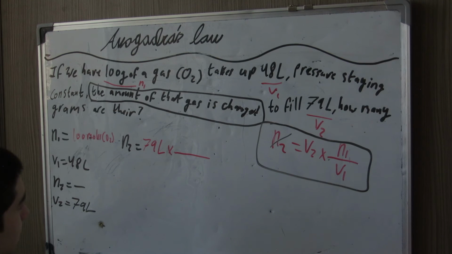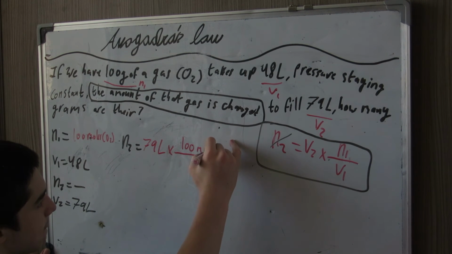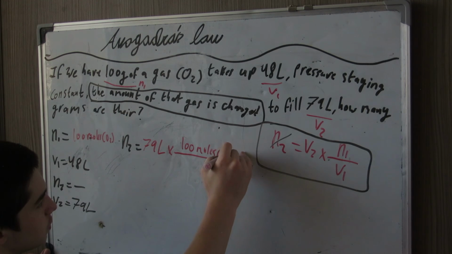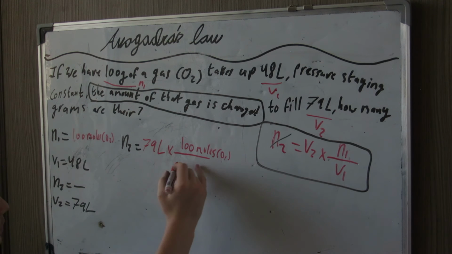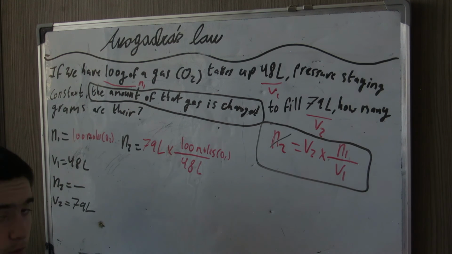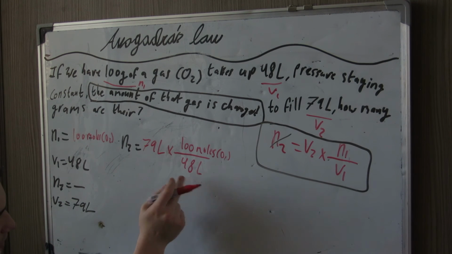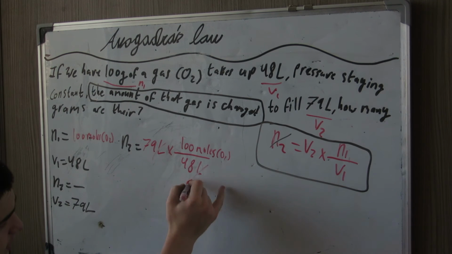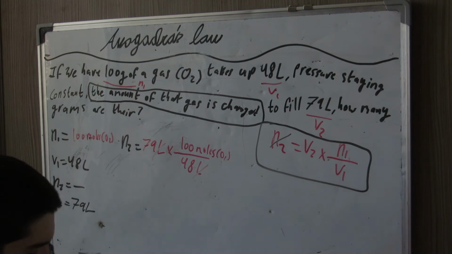Great, so let's start solving now. So we put up 100 moles of O2, 100 moles of O2, and then we take V1. What is V1? V1 is given as 48 liters. Great. Now let's cancel the units that are alike. We have liters up, liters down. Whenever we have up and down the same values, we cancel them out. So liters cancels liters out, and let's do the math right now.